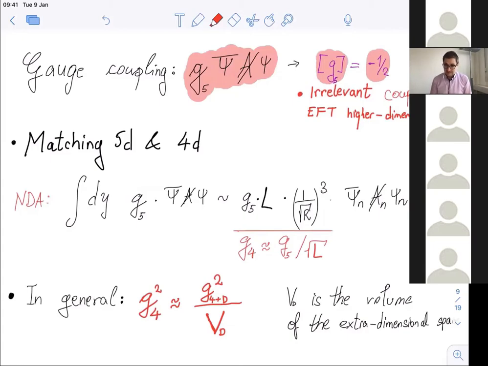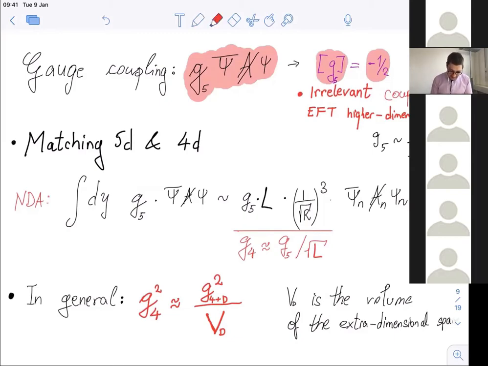So it has a negative mass dimension, so it belongs to the class of irrelevant operators. This is just an effective theory. So there is a cutoff of this theory, for example, the Planck scale, where we need to have quantum gravity. So in particular, we expect this g5 to be of the order of one over the square root of the cutoff, let's say the Planck mass, or the cutoff of the 5D theory. It's a dimensionful coupling. Okay? This is very important.